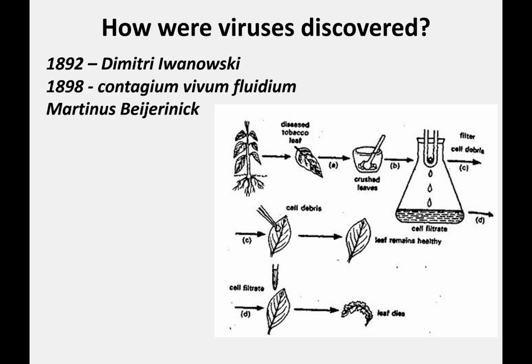Like I said, in the late 1800s, viruses were discovered. The first one was tobacco mosaic virus, TMV. And how this virus was discovered was that they took diseased tobacco leaves and they actually ground them up.